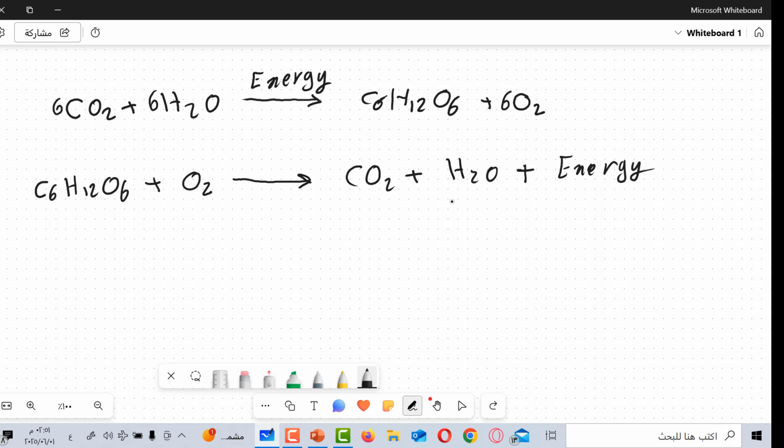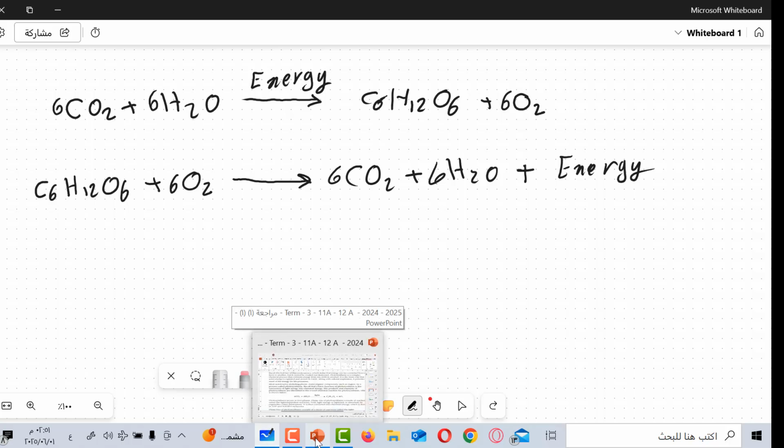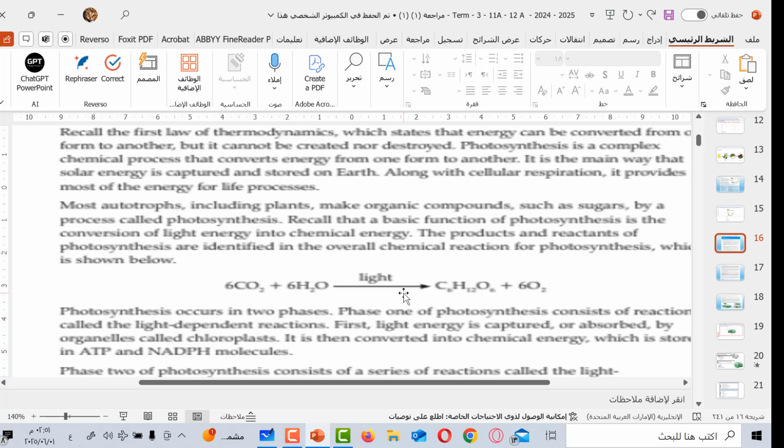Then we balance this formula as well: we need 6 here, 6 here, and 6 here. That's what I wanted to make clear for you about this formula.